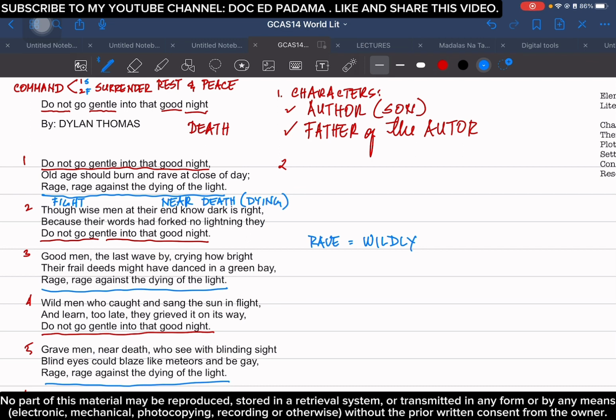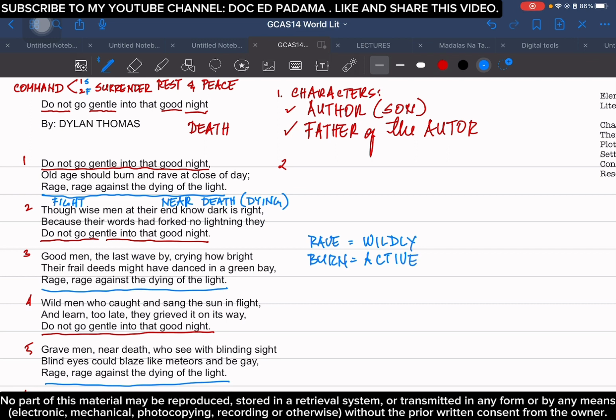Okay? So going back to that particular line, old age, which is the age of the father of Dylan Thomas, should burn, meaning it should be active. Burn refers to, let's add that in our vocabulary, being active.